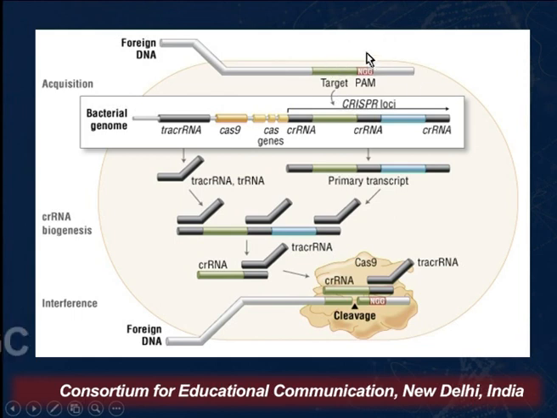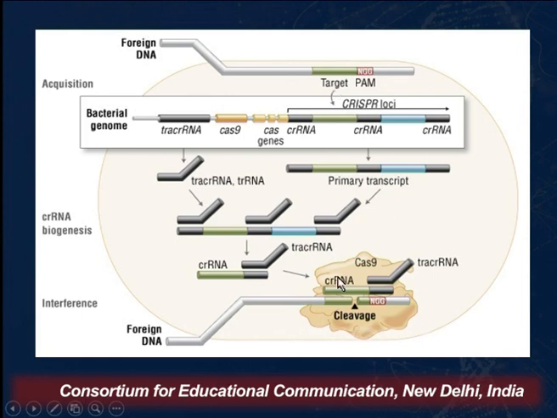Again, the important thing is that there has to be a PAM motif. When there is a PAM motif and when there is a homology between the guide RNA and the target DNA, it is going to take the Cas9 molecule and bind to the target DNA.